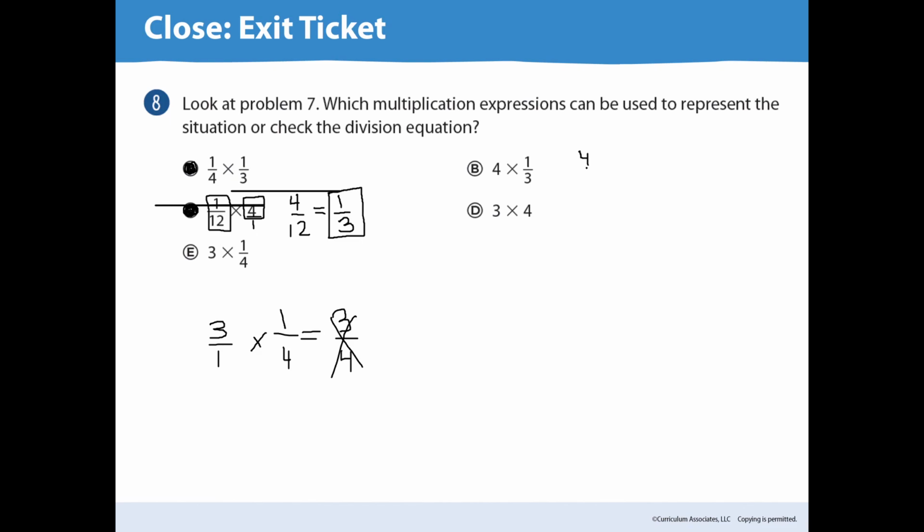So if we have 4 over 1 times 1/3, 4/3. That's the same as 1 and 1/3, so no, that doesn't work. 3 times 4. 3 times 4 is 12. But our answer wasn't 12, it was 1/12. So that one doesn't work either. You should have A and B.